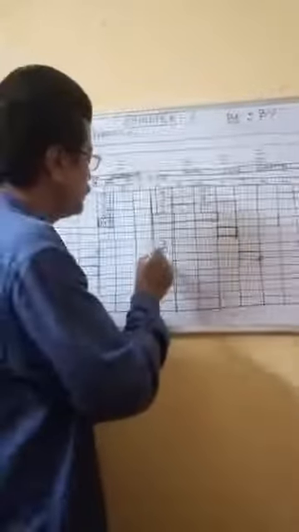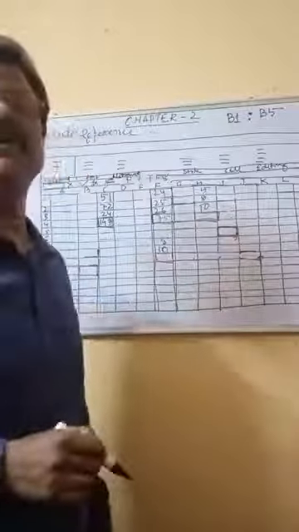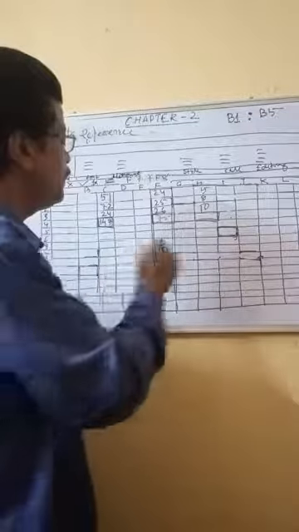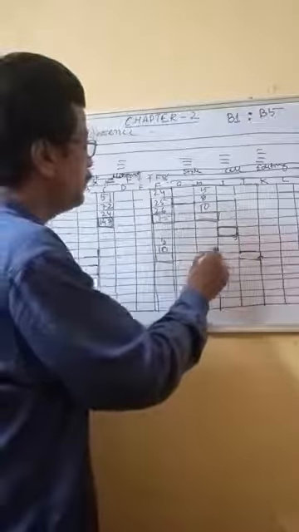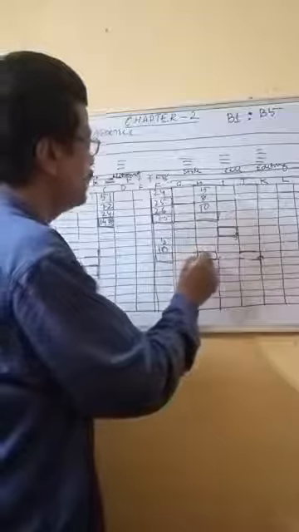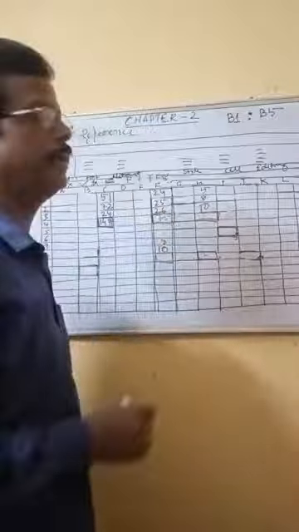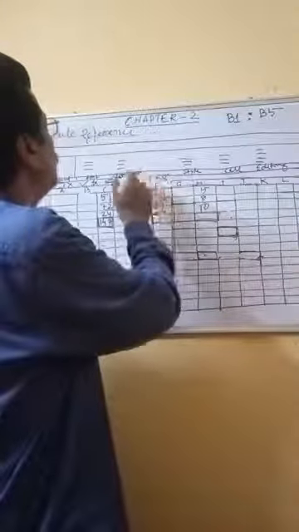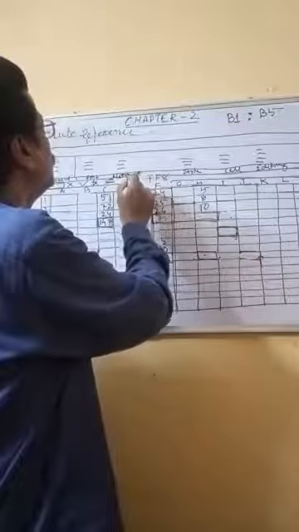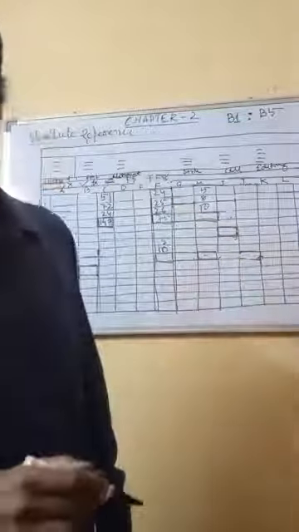Suppose I want to see the answer here, then press the Enter key, then the answer will come here automatically. But if you want to see the same answer, with the same cell address without changing, here also the same. So what you do here, you have to give the $ sign.